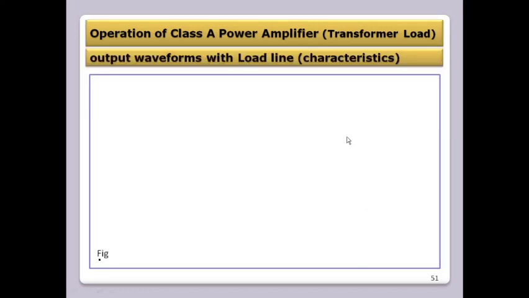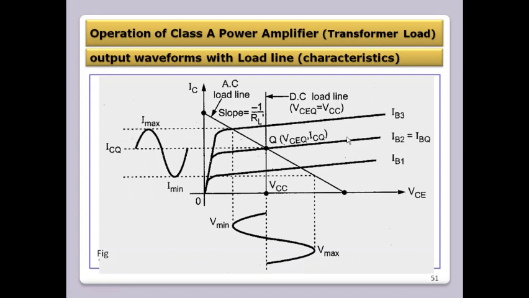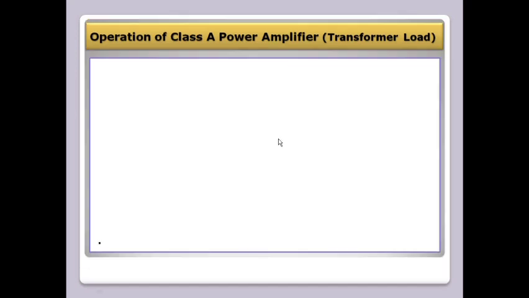So now let us see the output waveforms of the transformer coupled class A power amplifier, using the DC and AC load lines. Now let us see what happens.